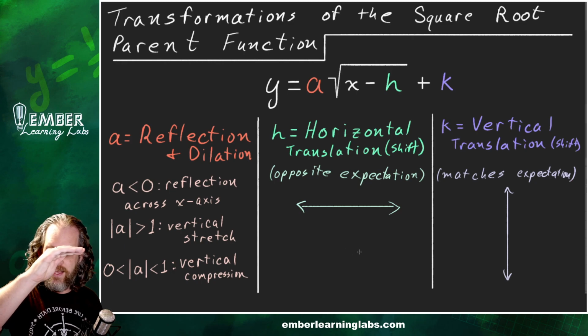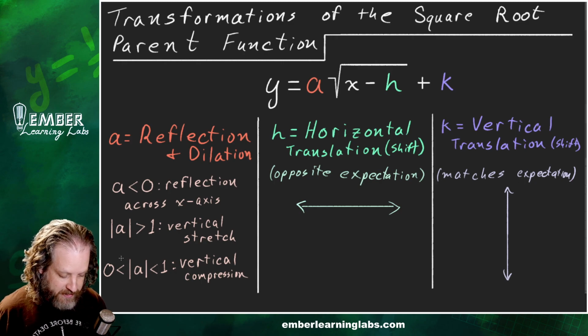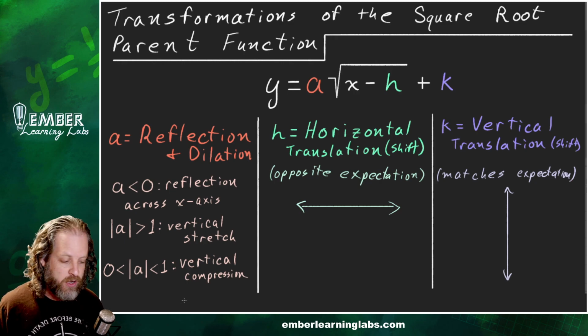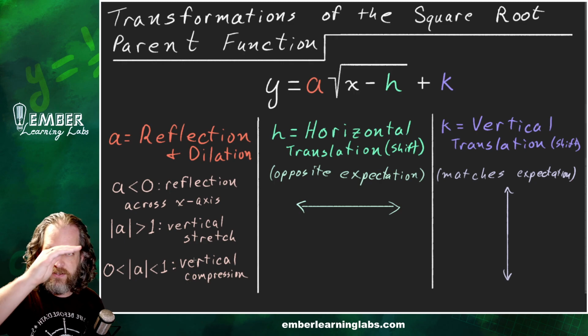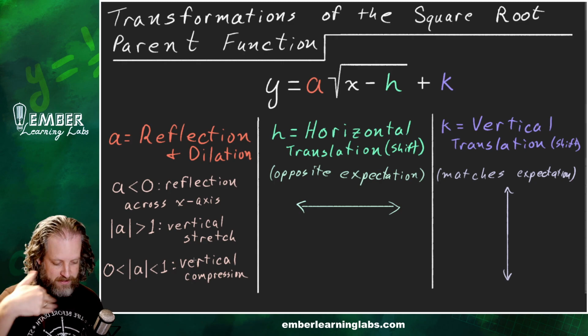So instead of like this, it might be like this. It's going to stretch it up. If it's a fraction, so a half or 3/4 or 0.1 or whatever, then it's a vertical compression. So instead of like this, it might be like this, where it's compressed a little bit.